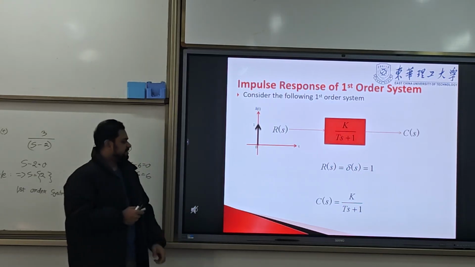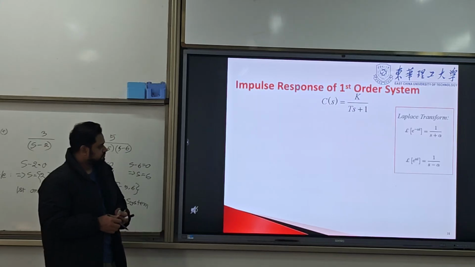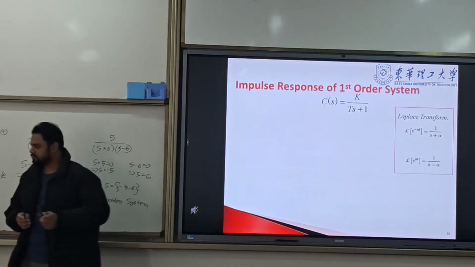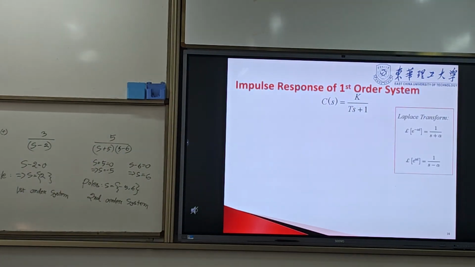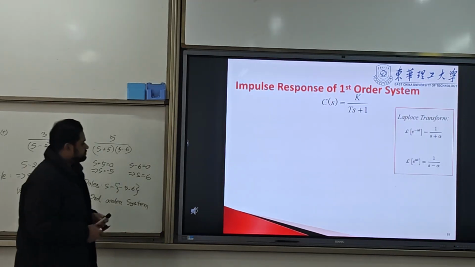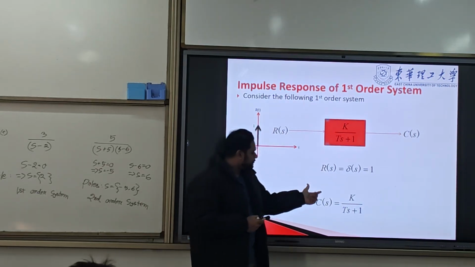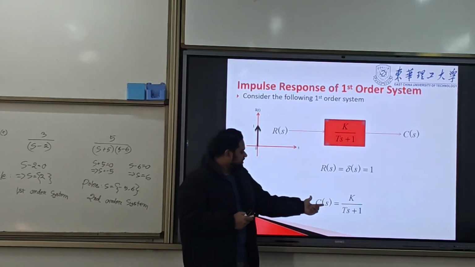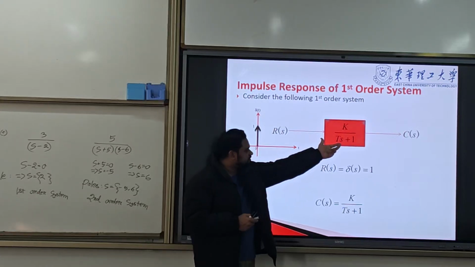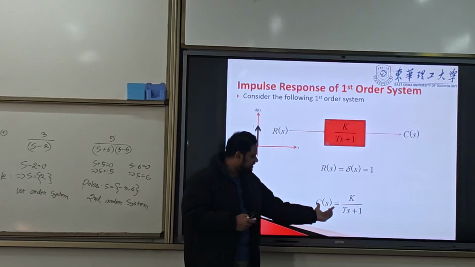Now C(s) equals K by Ts plus 1. This system is given, this is the first order system, K by Ts plus 1. Here we have C(s).